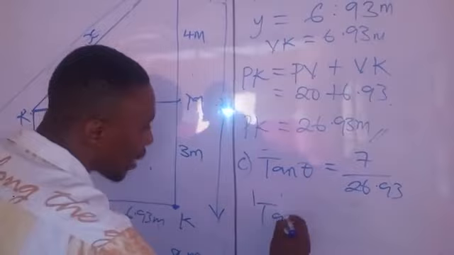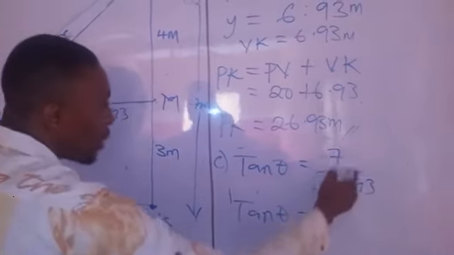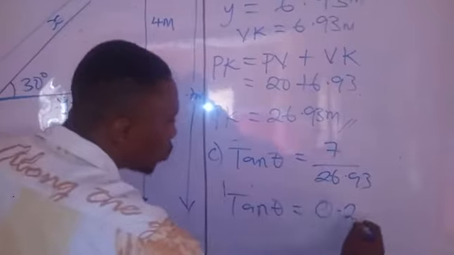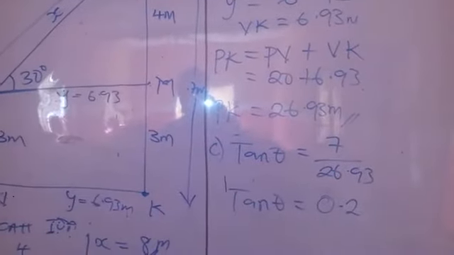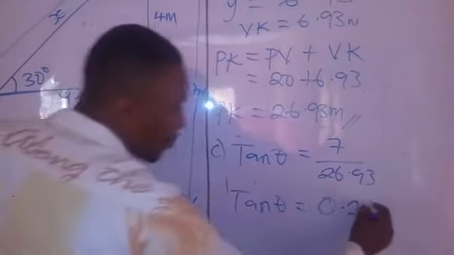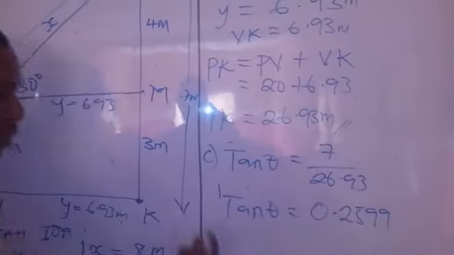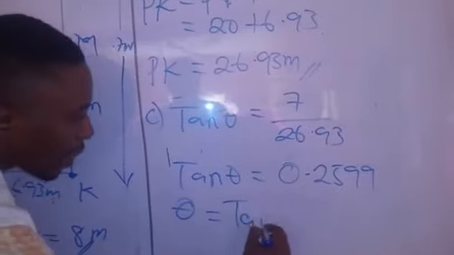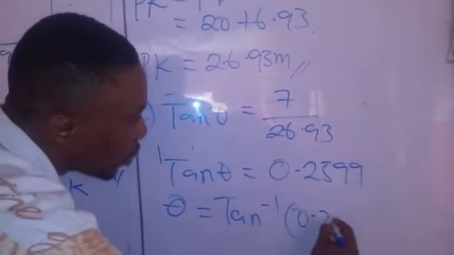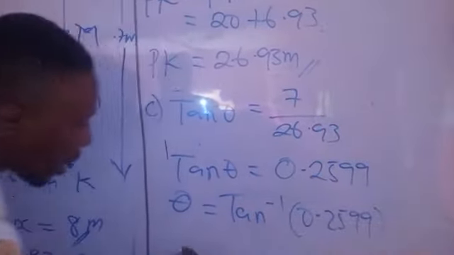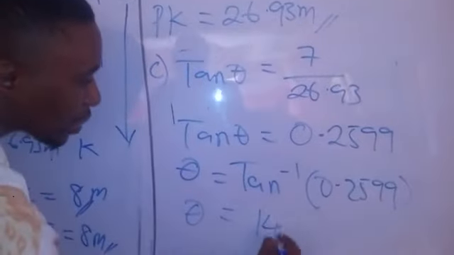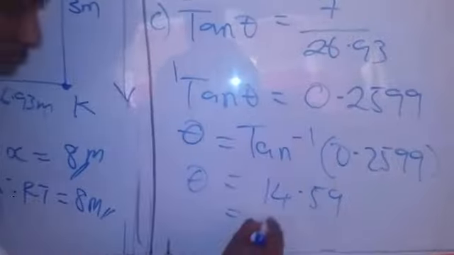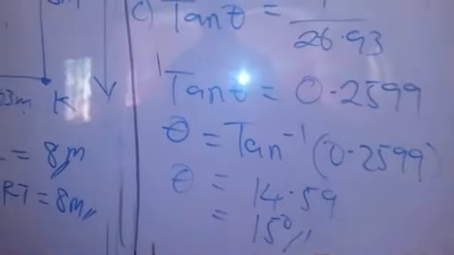When you divide this by this, it will give you 0.2599. What is our theta now? Our theta will now be equal to tan inverse of 0.2599, and theta is equal to 14.59, which when you approximate it, gives you 15 degrees.